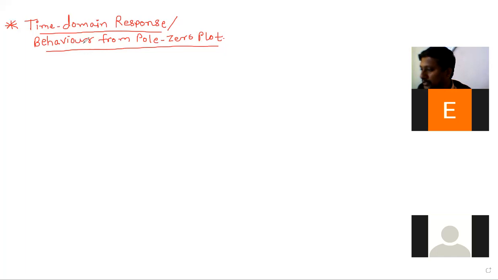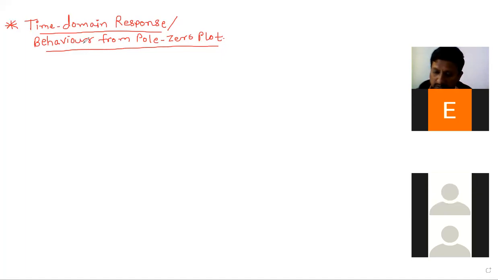So theoretical points are not necessary here, but I will tell what exactly the time domain behavior is. If you are referring to the previous question papers of the university, in every examination there is a fixed question based on the time domain behavior, minimum 4 marks, maximum 6 marks.